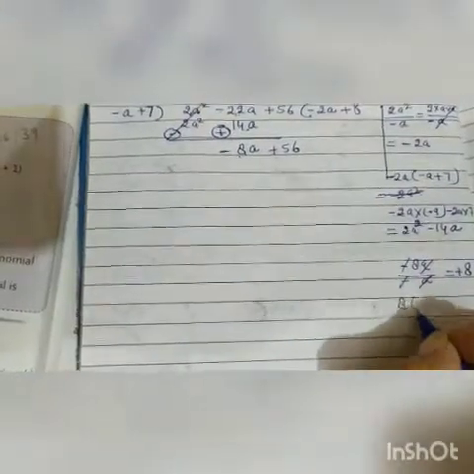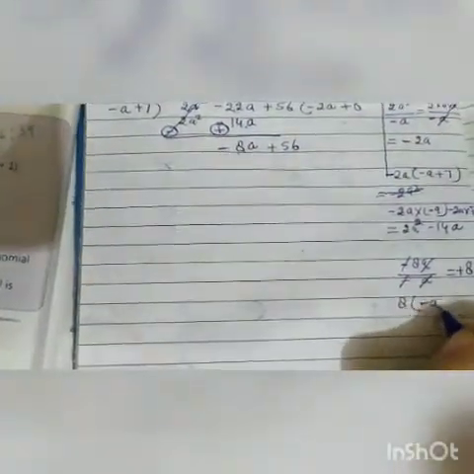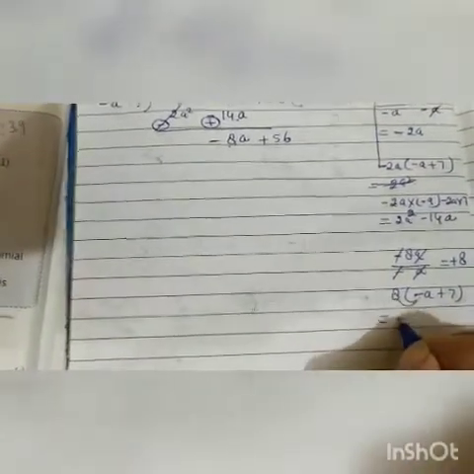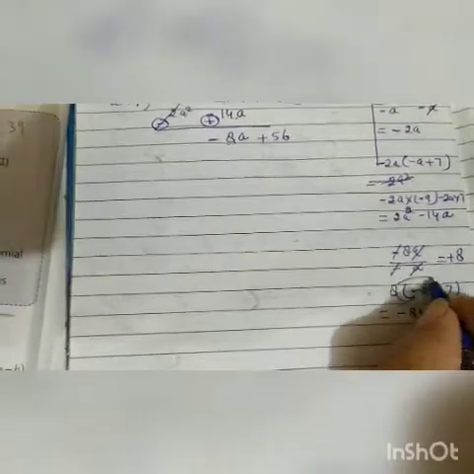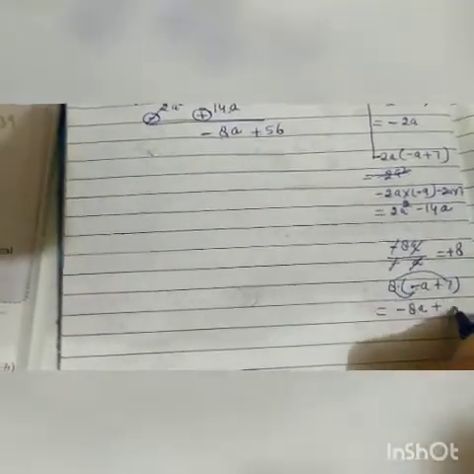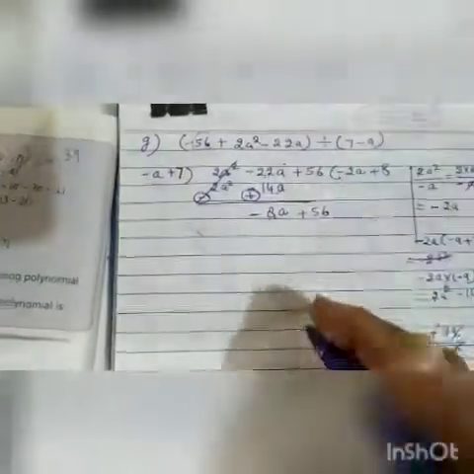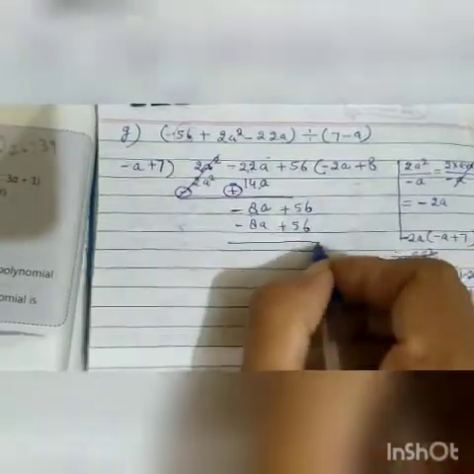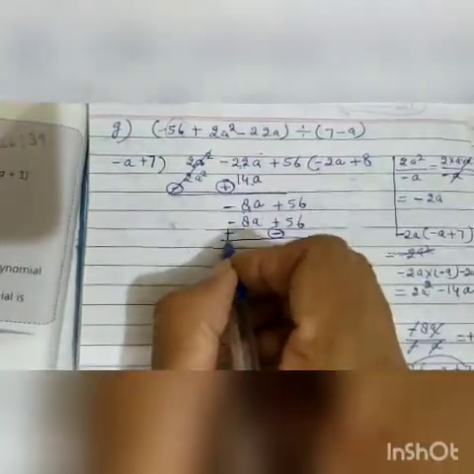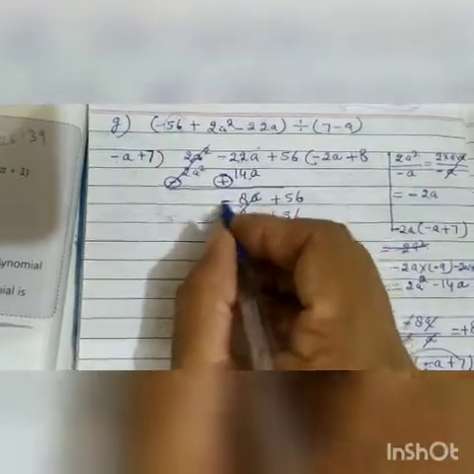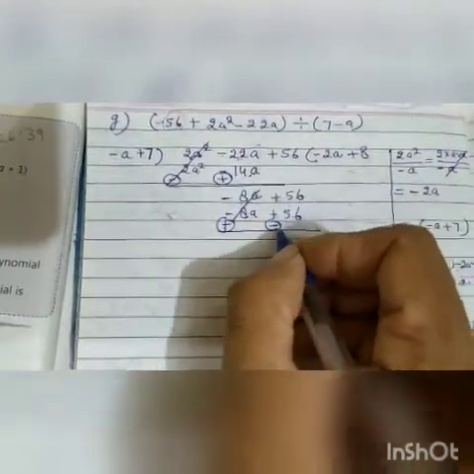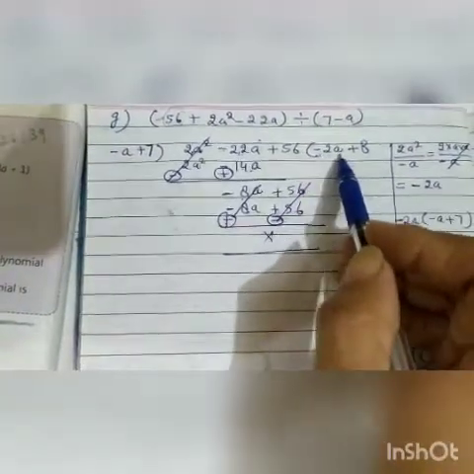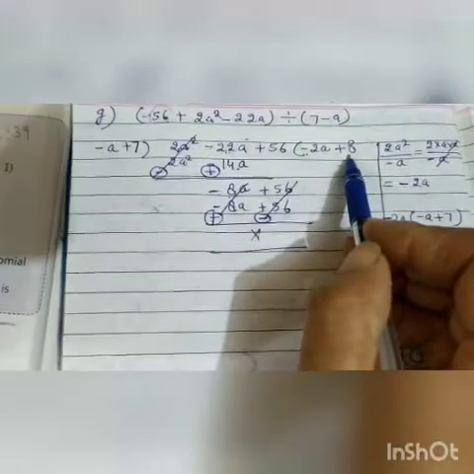Now 8 multiplied by minus a plus 7: 8 times minus a gives minus 8a, and 8 times plus 7 is plus 56. We will write here minus 8a plus 56. Change the sign, minus 8a plus 8a cancelled, plus 56 minus 56 cancel. So our quotient, our answer, is minus 2a plus 8.